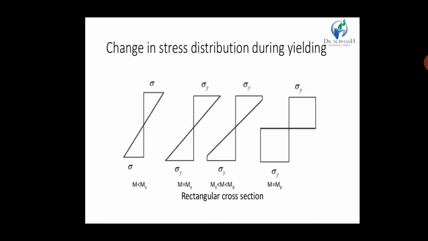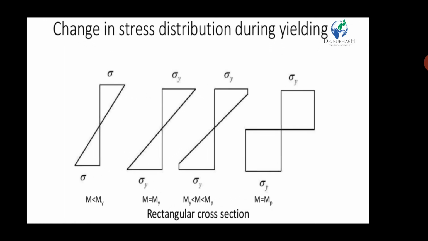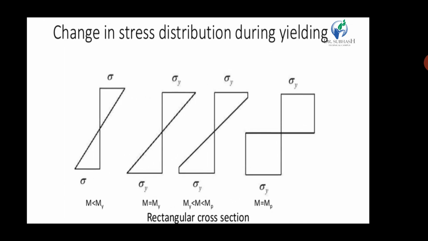You can see the change in stress distribution during yielding in the figure. In the first case, M is less than My. Now we increase the moment, and at that time M equals My. You can see in the figure σy, σy. Now we increase the moment again, so M is greater than My but less than Mp. You can see the figure of the distribution.